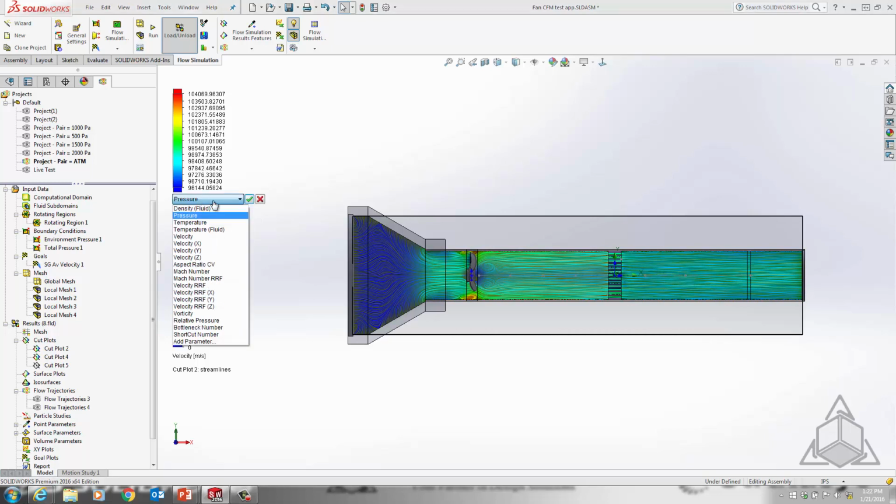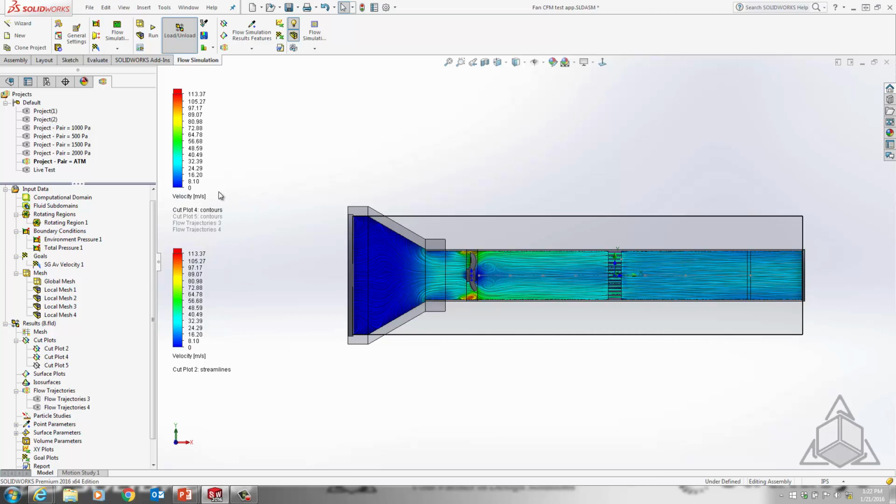And if you want to get a proper color scheme, you might want to set this both to velocity and have the same chart values. You can see now clearly how the velocity is changing as it flows through the system.